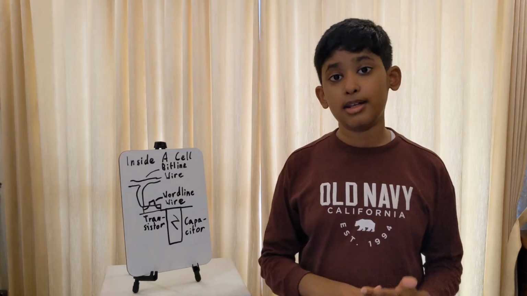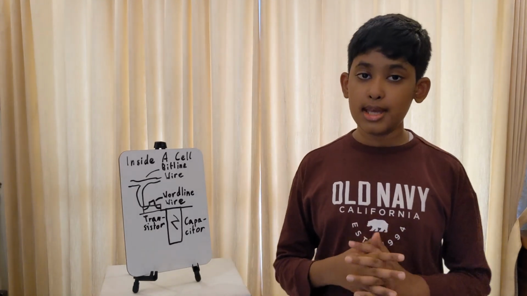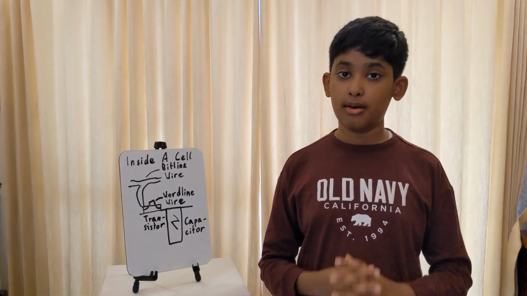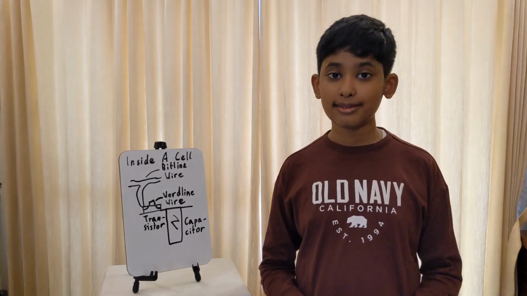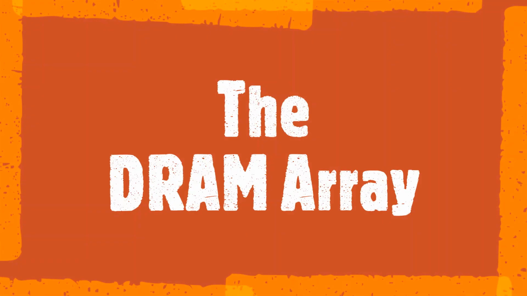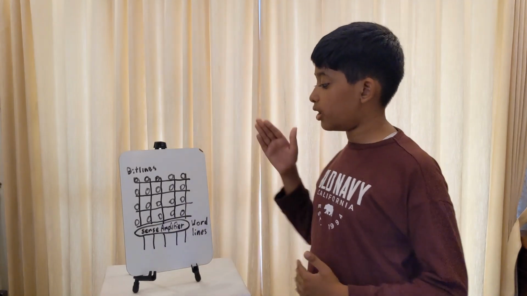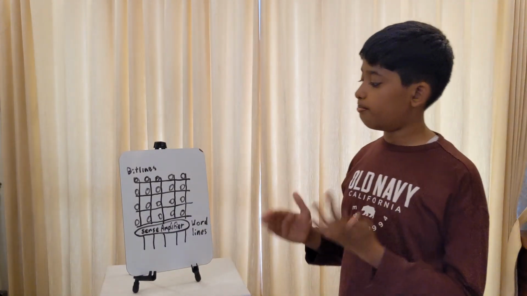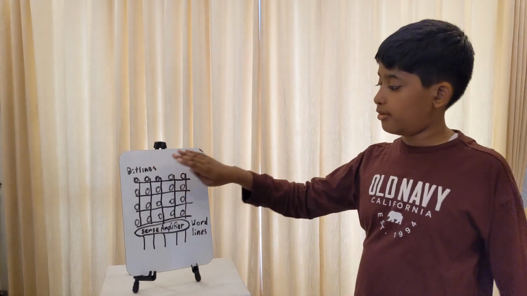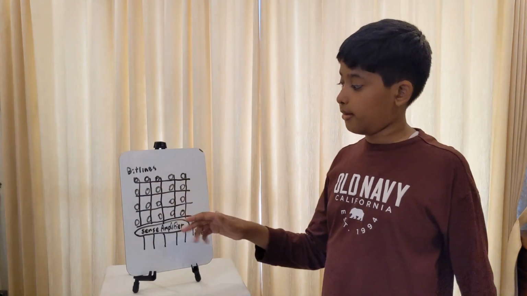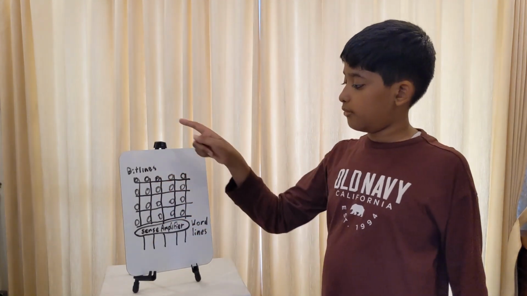Now, let's see the grid layout on how these capacitors are actually arranged to form banks. This is a graphical representation of a single bank of memory. We have 20 cells in this diagram, 5 columns and 4 rows.